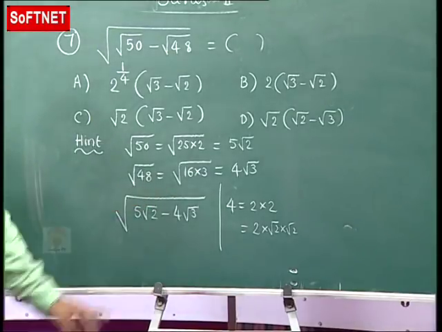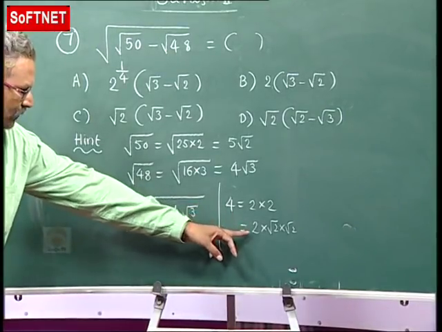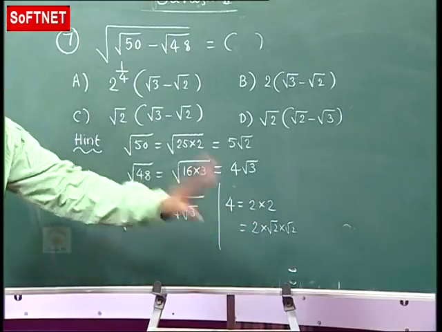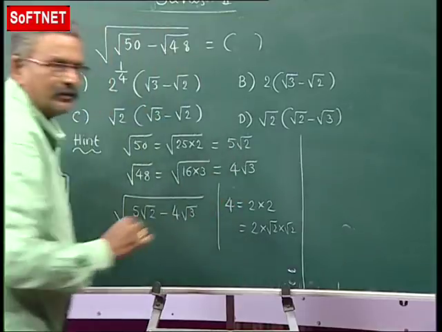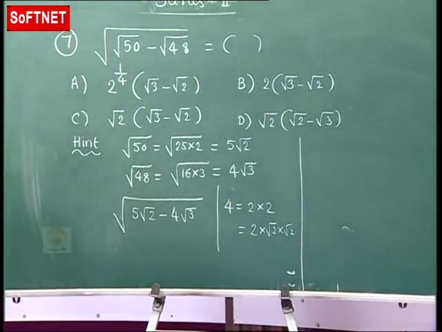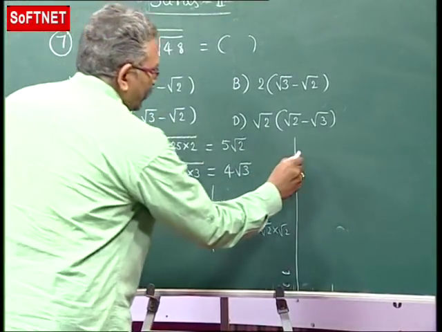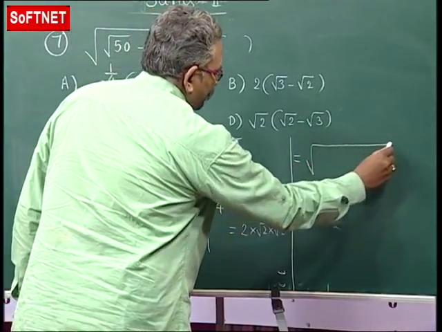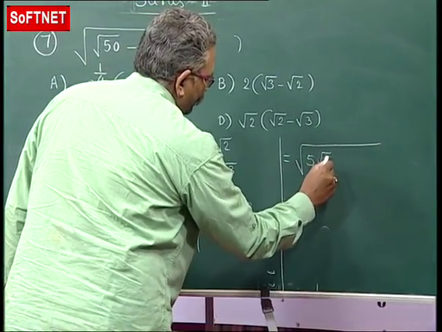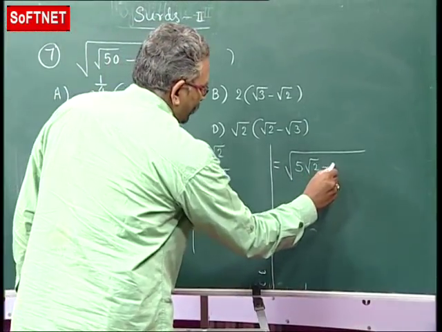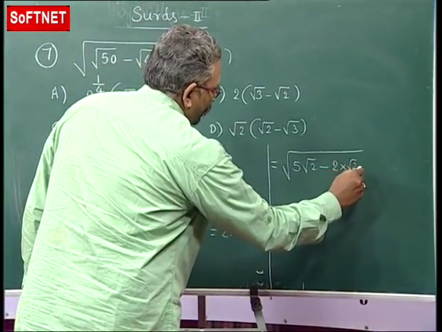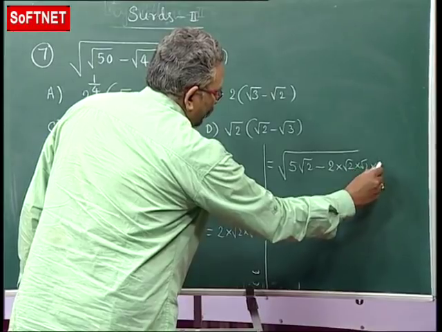So, now instead of 4, write down 2 into root 2 into root 2. So, if you write, this becomes square root of 5 root 2 minus 2 into root 2 into root 2 into root 3.